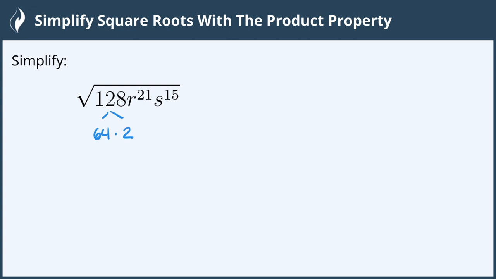So let's go ahead and start with a list of perfect squares. 1, 4, 9, 16, 25, 36, 49, 64, 81, 100, 121, 144, 169, 196, and 225, and we can stop there.